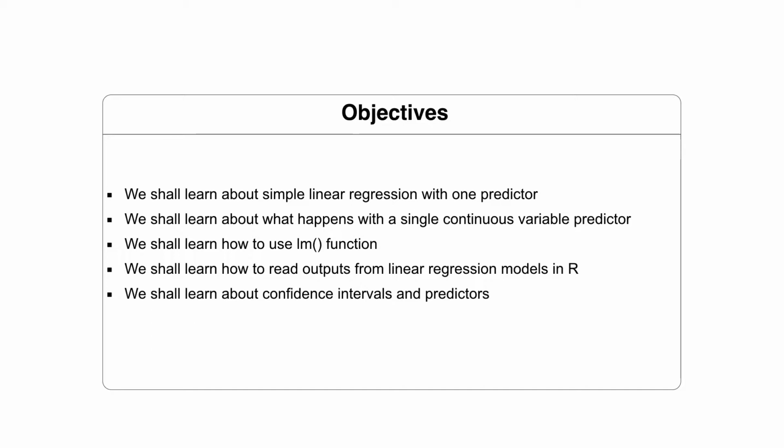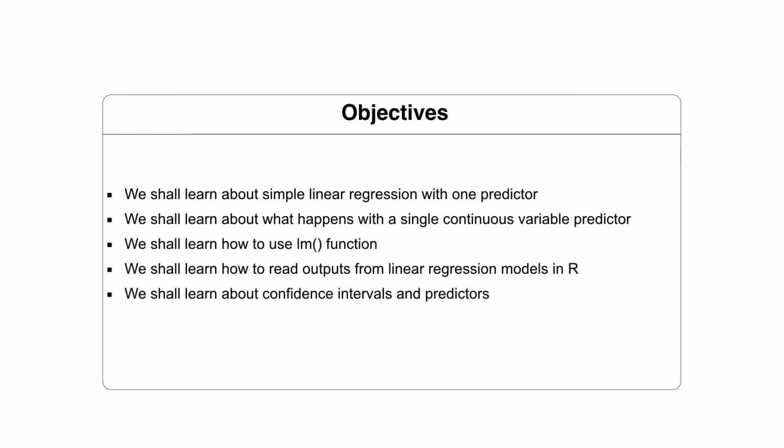And we shall also learn how we can read outputs from linear regression models in R. When I say how to read outputs from linear regression models in R, I essentially mean that you should be able to save your linear regression model outputs in the form of an object, and then you can further manipulate that object in order to get and do what you want to do about it.